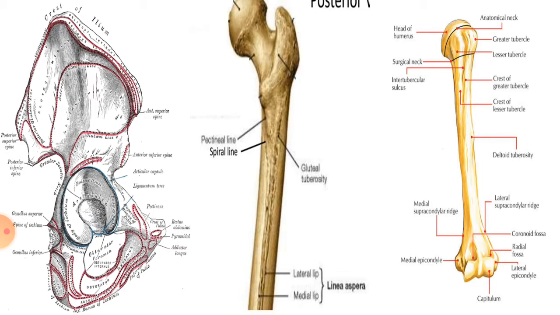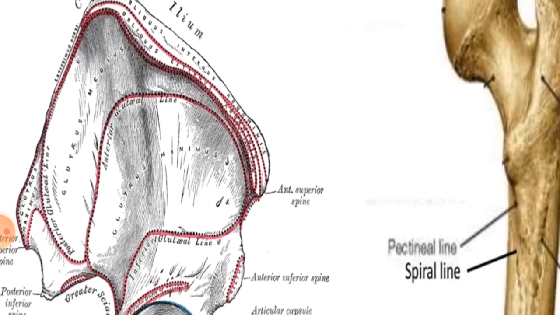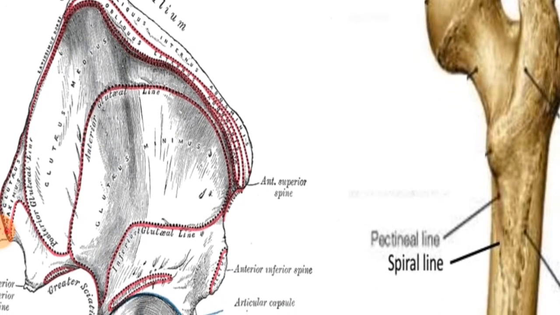This is basically a hip bone, and you can appreciate 3 gluteal lines here: the inferior gluteal line, anterior gluteal line, and the posterior gluteal line.